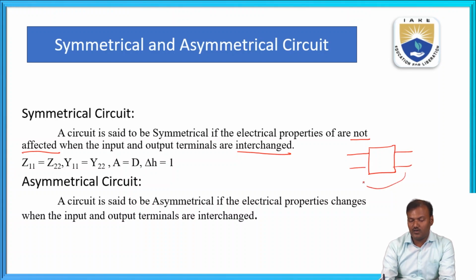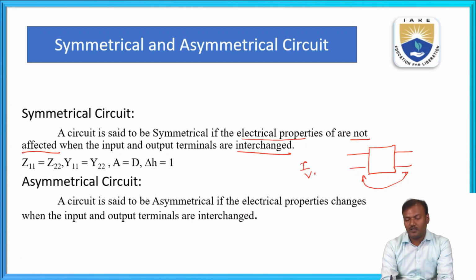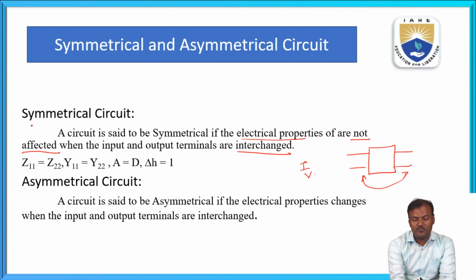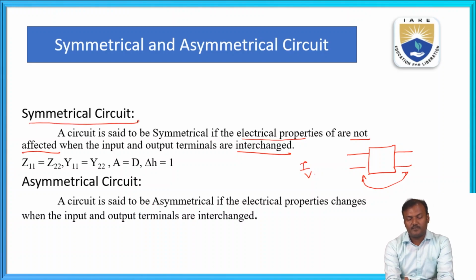If these two are interchanged, then the electrical properties like current and voltage, current flowing in any one element or voltage across a given two terminals, are not changed, then the circuit is said to be a symmetrical circuit.